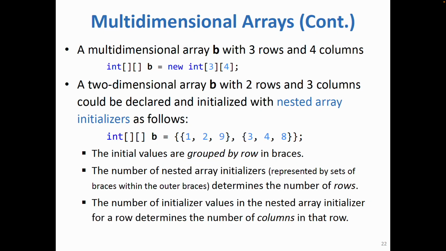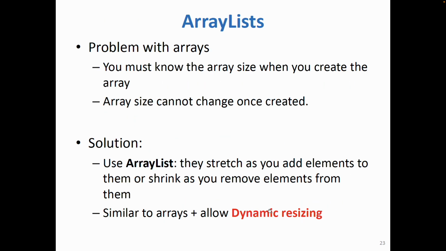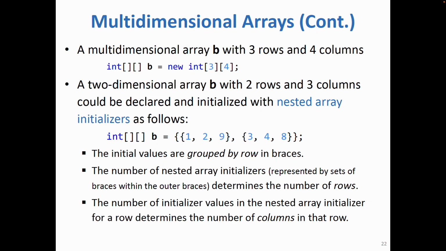I can also do it with an initializing part. So I say that this is a 2D array, and one of the arrays will be 1 to 9, the other one is 3, 4, 8. So basically, I have 2 arrays, each of them has 3 items. And we see if I missed anything. Okay.